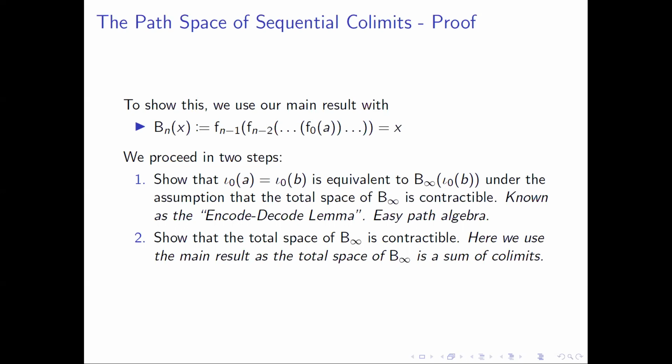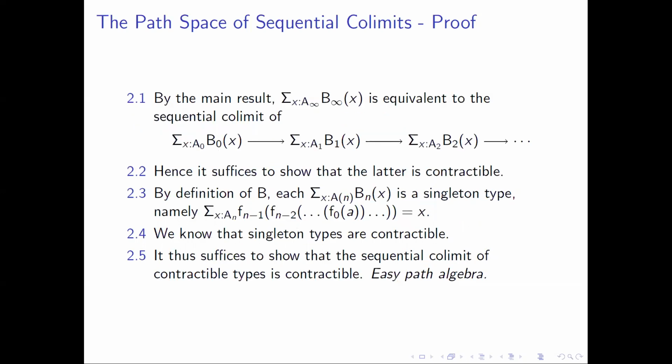So we're done assuming that we can carry out the second step, which is showing that the total space of B-infinity is contractible. And of course, the total space means here a sigma type of colimits. So a sigma type of colimits is equivalent, as we know by the main theorem, to the colimit of sigma types. So it suffices to show that this colimit of sigma types is contractible. And how do we do that?